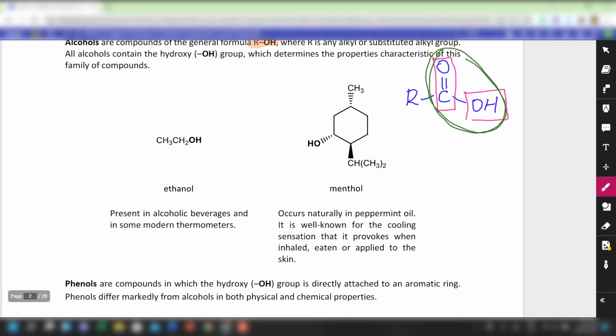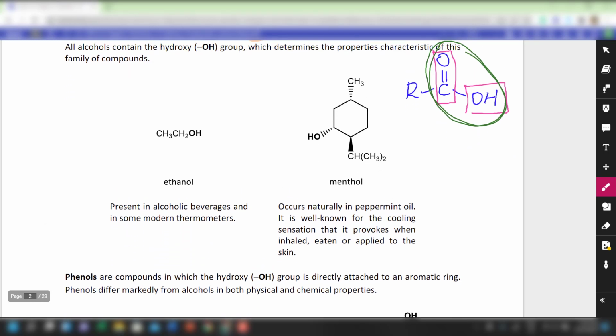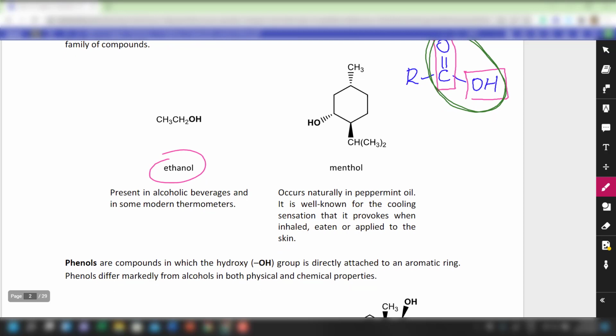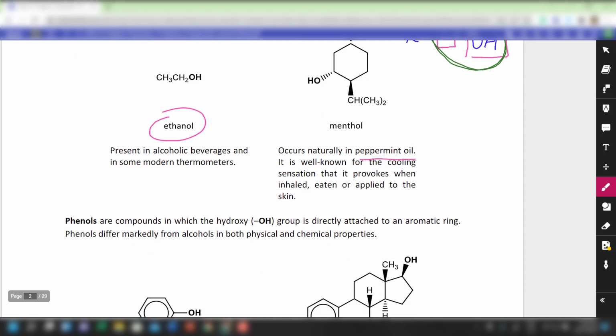So the most common alcohol, which is actually found in beverages, is known as ethanol. Normally we just call it alcohols in general, but the one in our alcoholic drinks is actually ethanol. Then of course you have menthol present in peppermint oil.